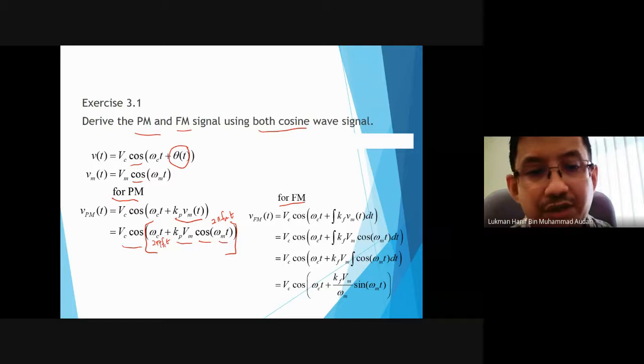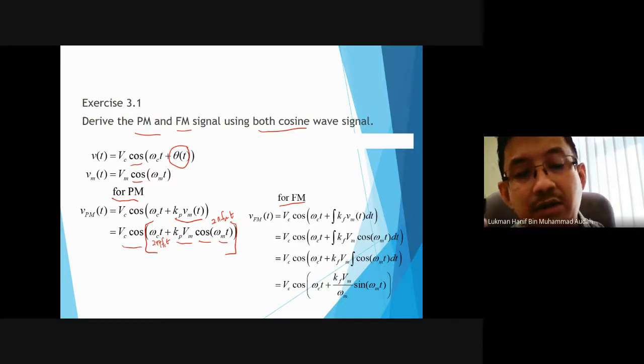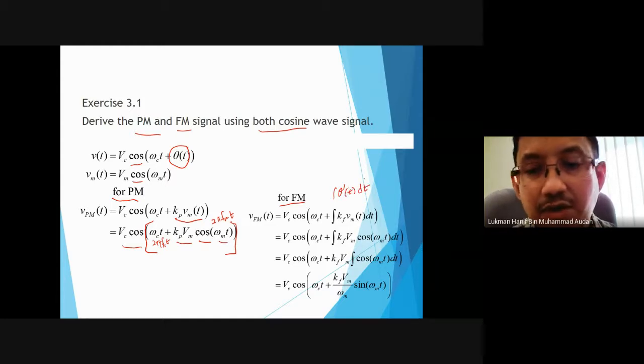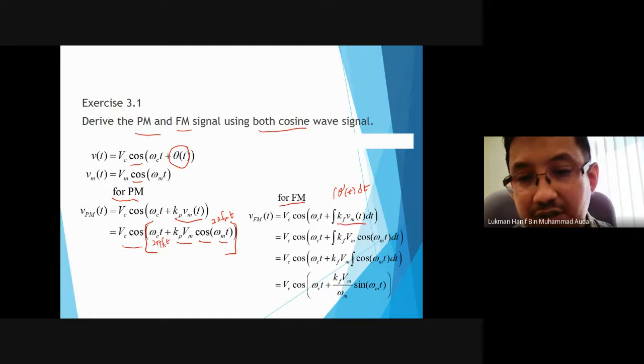So from the general equation, we need to change theta t into integral of theta prime t. Okay, so ini sebenarnya adalah integral daripada theta prime t dt. Okay, so theta prime adalah bersamaan dengan kf vmt. Okay, so therefore integral of kf vm cos omega mt. Okay.